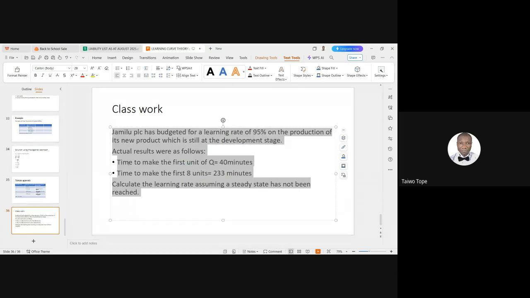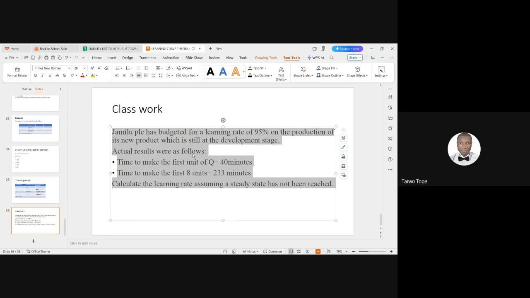Now, before you solve, let's look at the question together. I'm interested in this time to make the first 8 units, which is the cumulative average time we need to determine now.